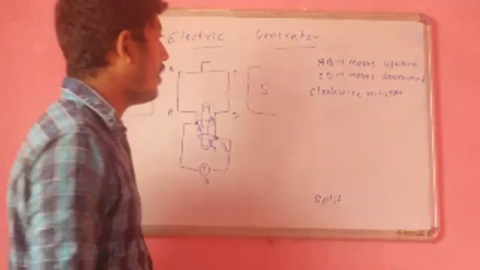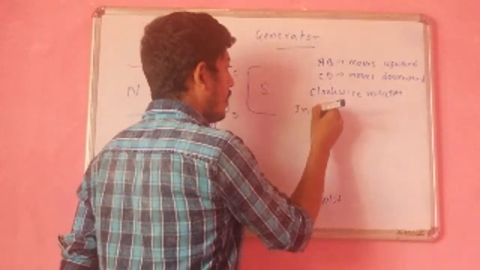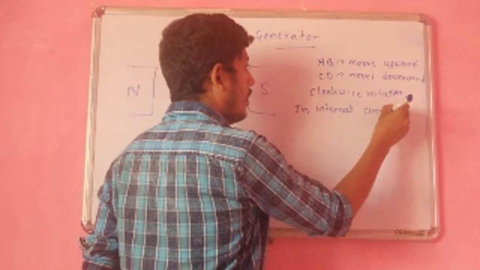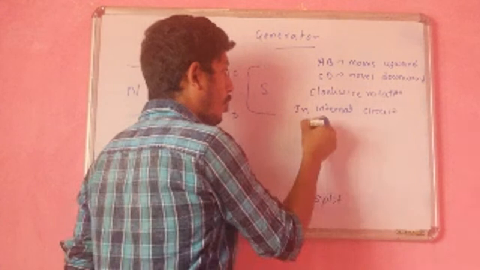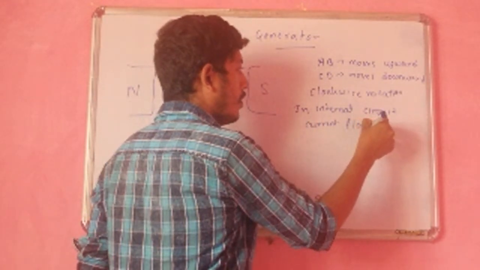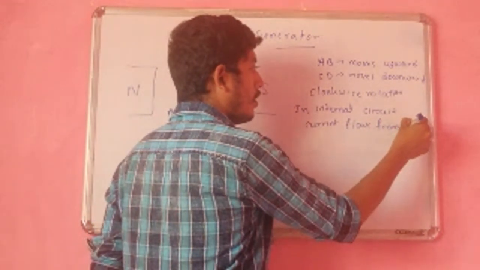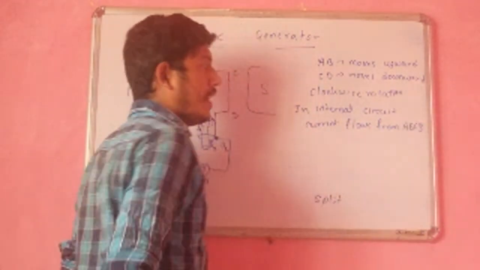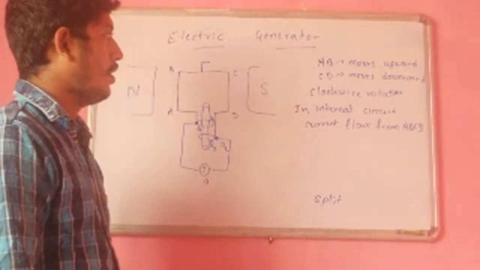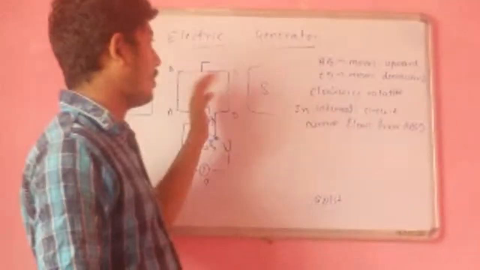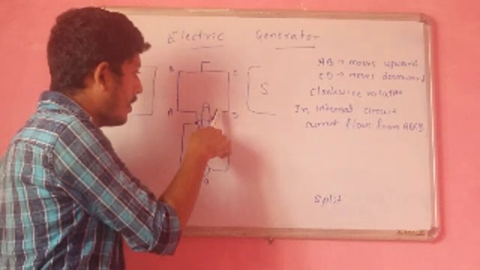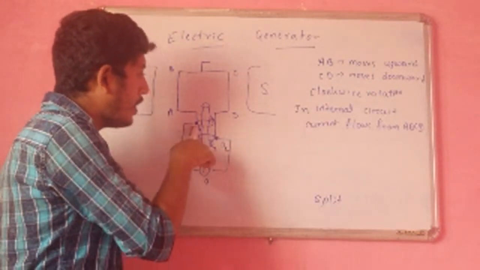So therefore, in the internal circuit, current flows in the ABCD direction. Now, when we come to the external circuit, see here ABCD, then in the external circuit it moves from B2 to B1.